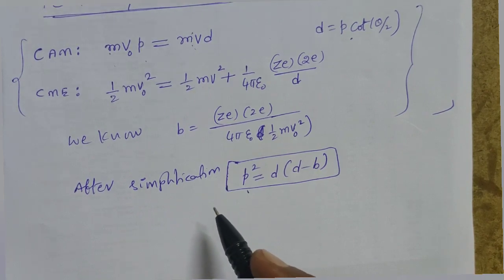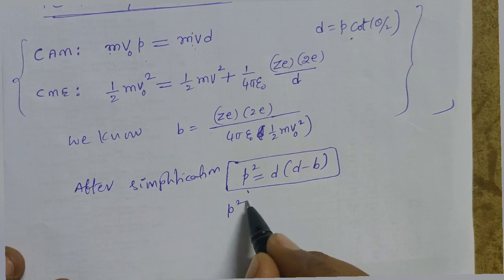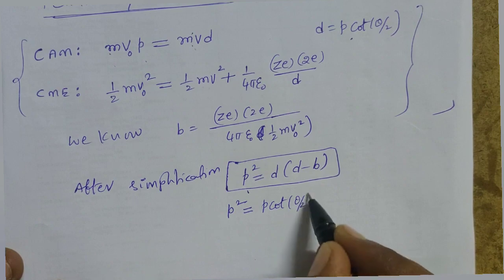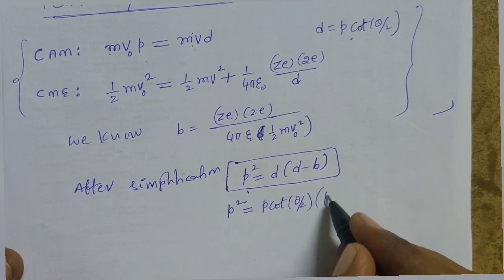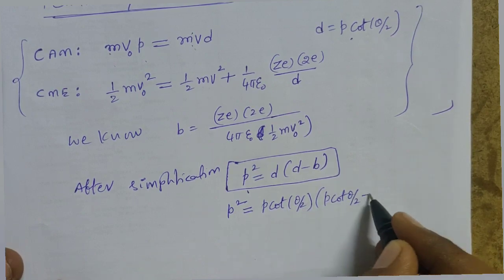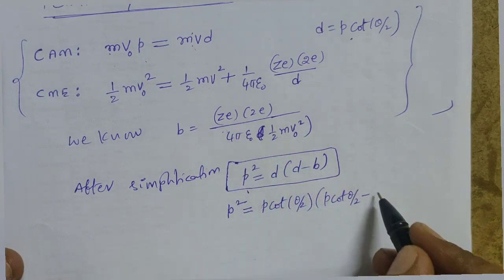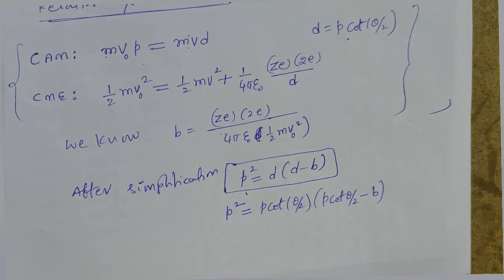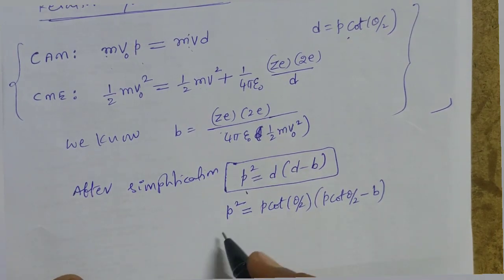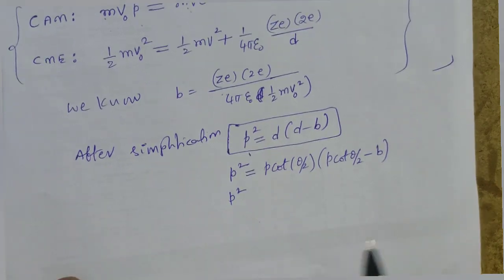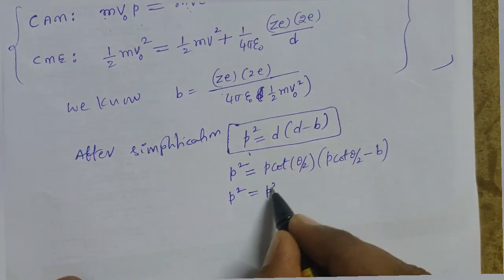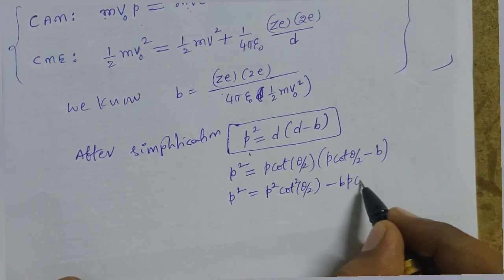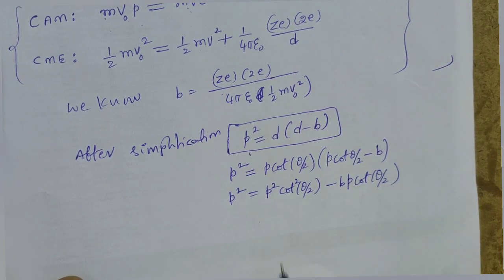If I substitute there, P square is equal to D value, that is P cot theta by 2, minus, remember here is a B value, it is B. Now take this inside, P square will be equal to P square cot square theta by 2 minus B into P into cot of theta by 2.